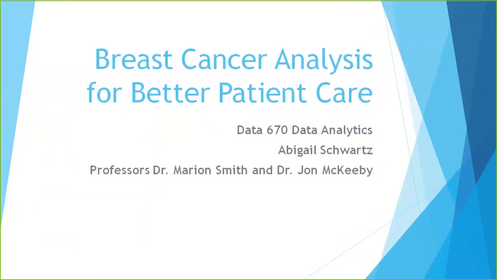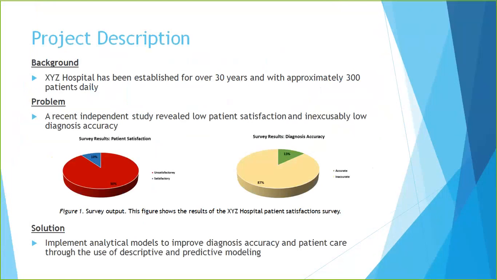So I designed my project around a fictitious hospital that's concerned with increasing patient care. The data I chose to analyze for this project was breast cancer data on benign and malignant tumors. My hospital recently had a survey done that revealed low patient satisfaction and a high rate of initial misdiagnosis.